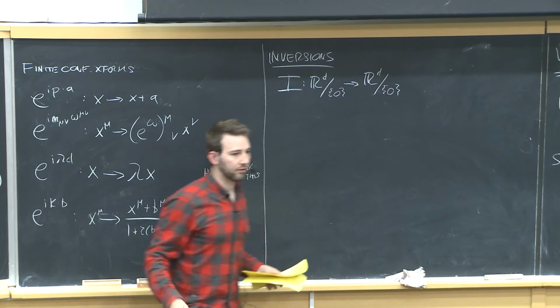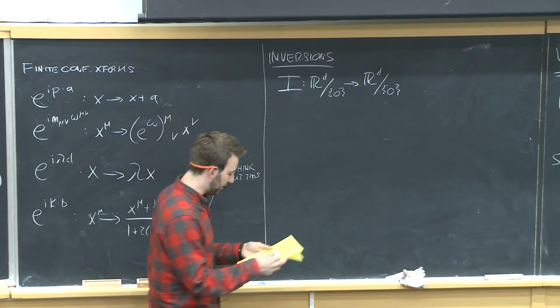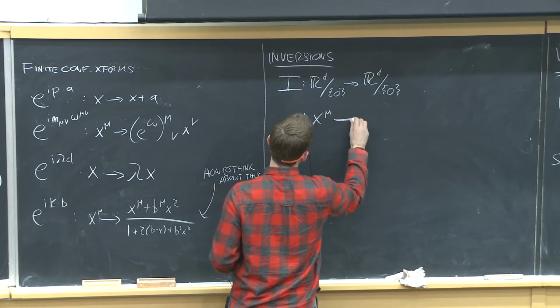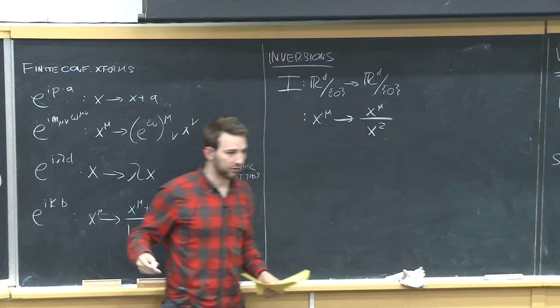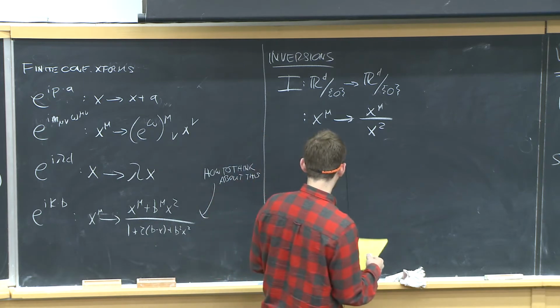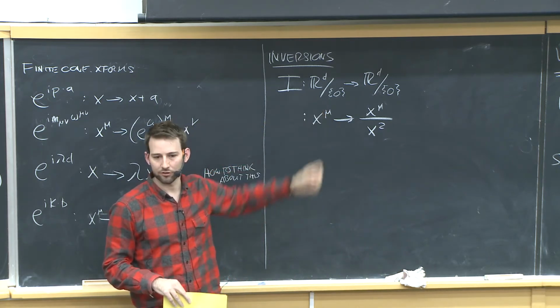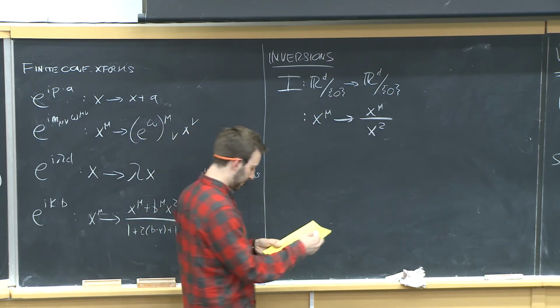You can also think of this as the map from R^D plus the point at infinity to R^D plus the point at infinity. This sends a point x to its reflection through the unit circle. So it sends the origin to infinity and infinity to the origin, which is why you need to either subtract or add points at 0 or points at infinity.